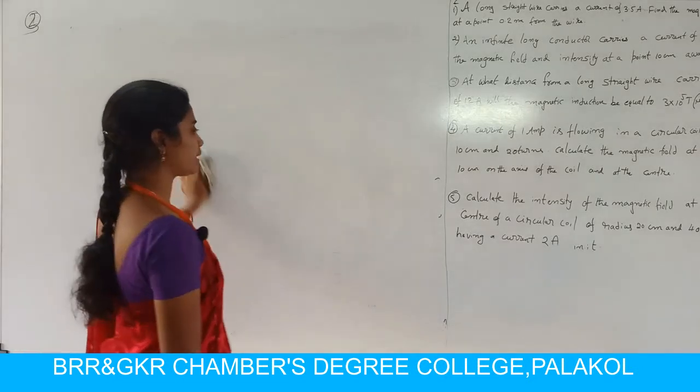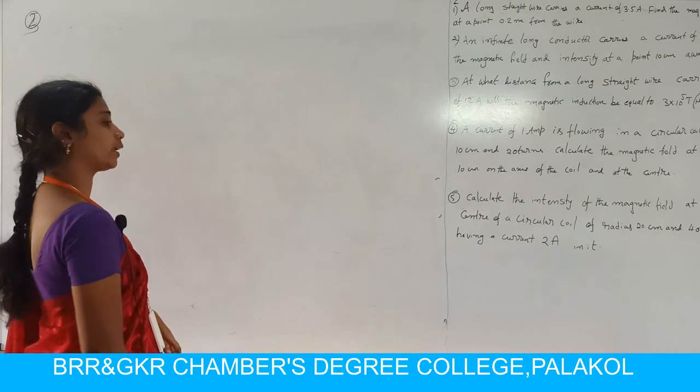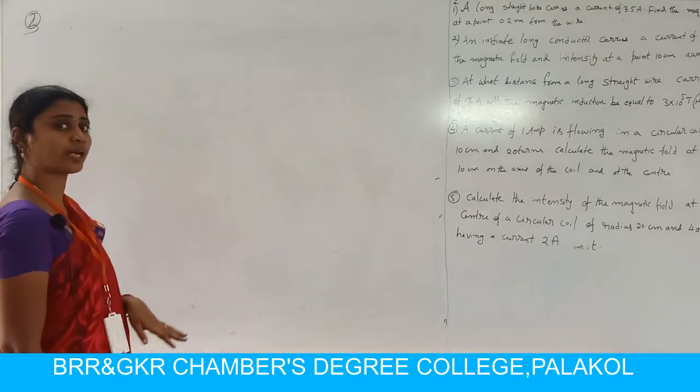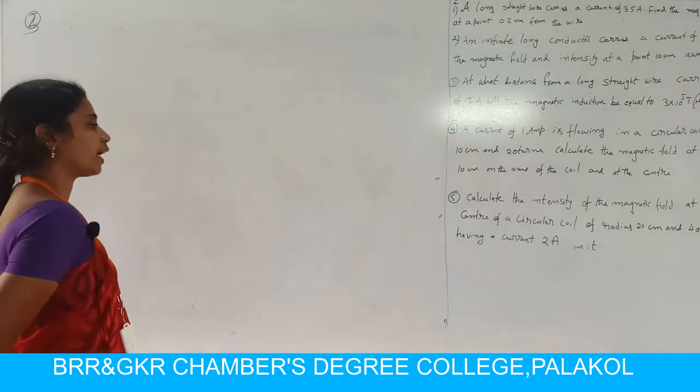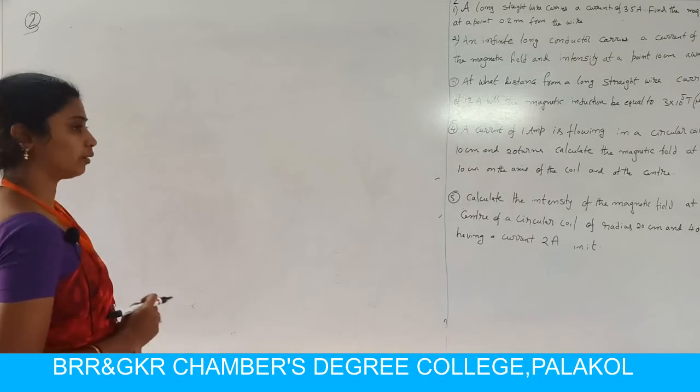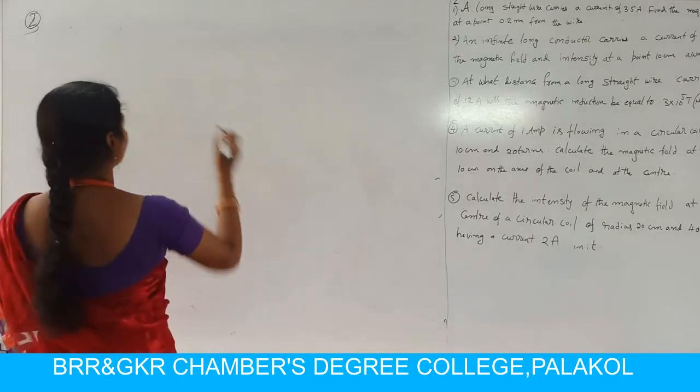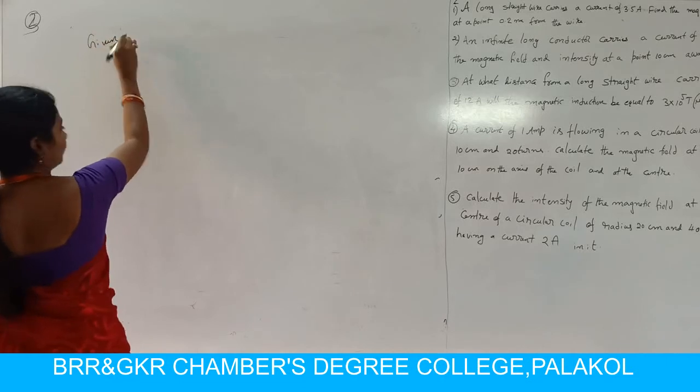In this problem, here also we calculate the magnetic field and the intensity of the magnetic field for a circular loop. First we calculate the magnetic field for the circular loop given in this problem.